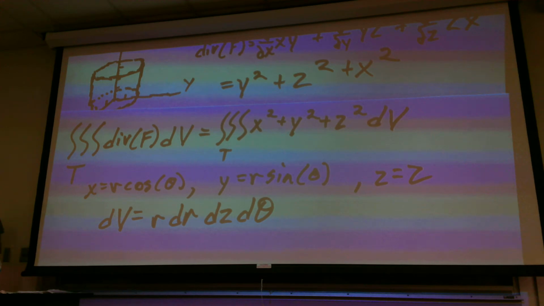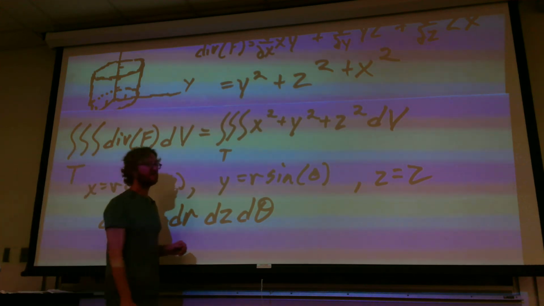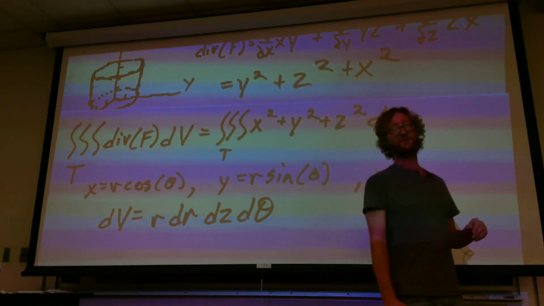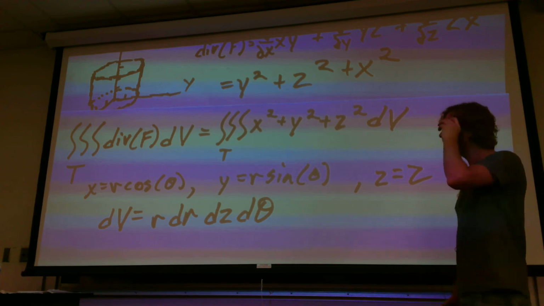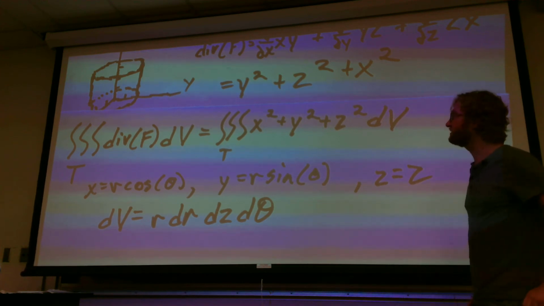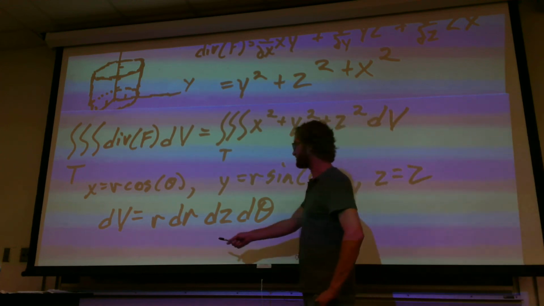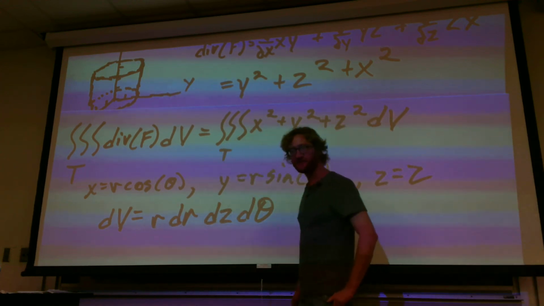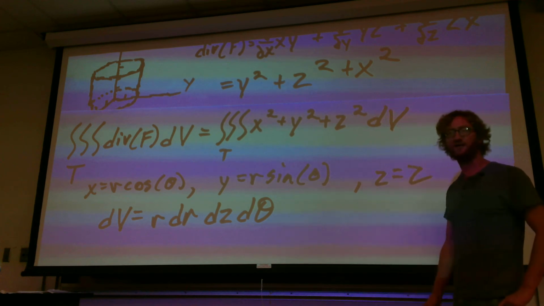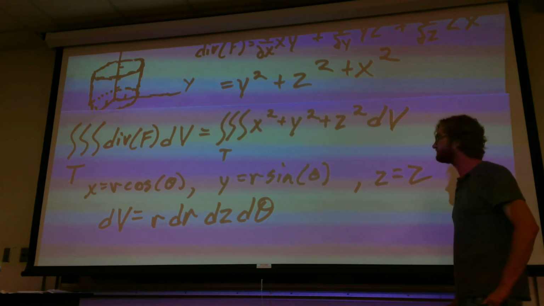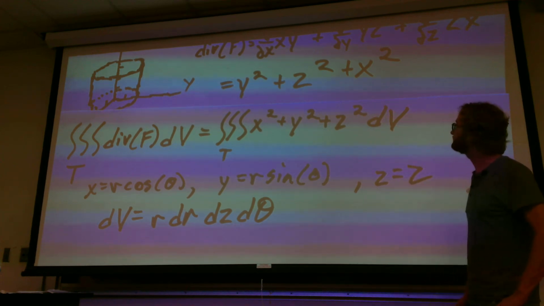The dr, the dz, the d theta can be reordered in different ways. But the main thing that you want to get out of this is that you have to include this extra r right here. And so that r comes from the Jacobian of the transformation.